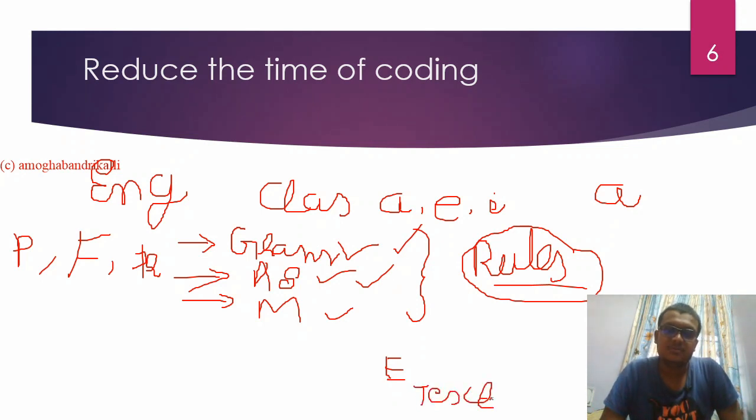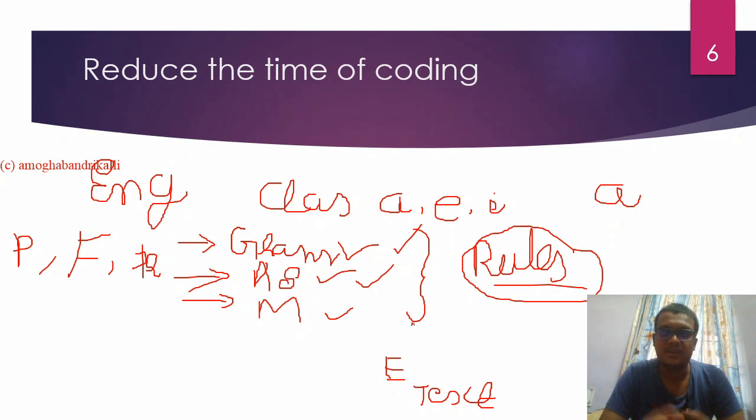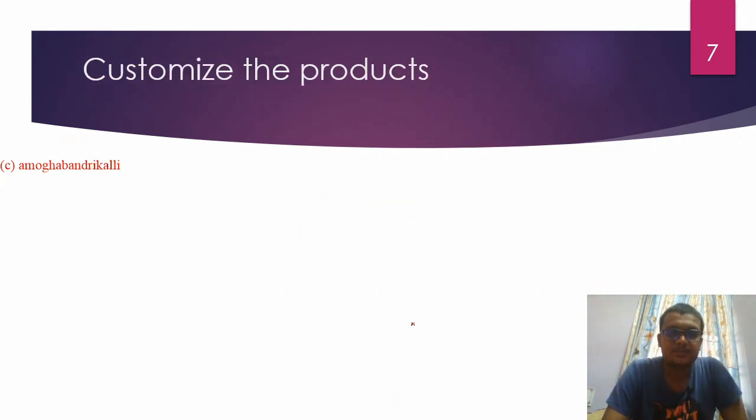That's all. You need to collect that text and give some examples to the machine learning. After training, it will judge whether a sentence is grammatically correct or not. This is how machine learning reduces the time of coding.